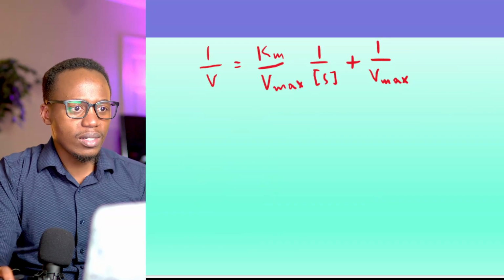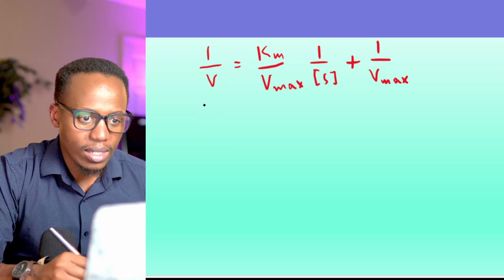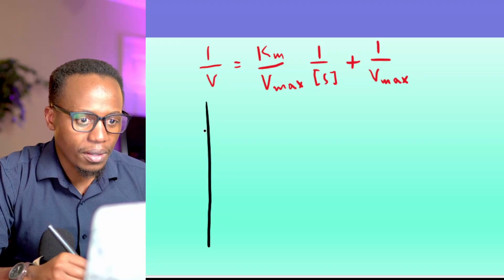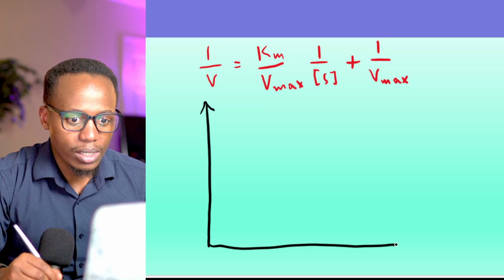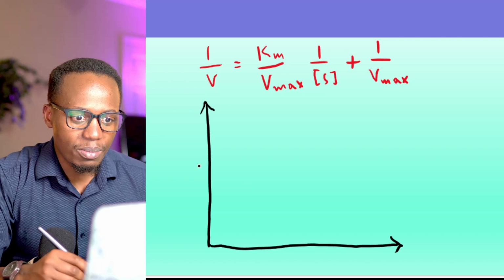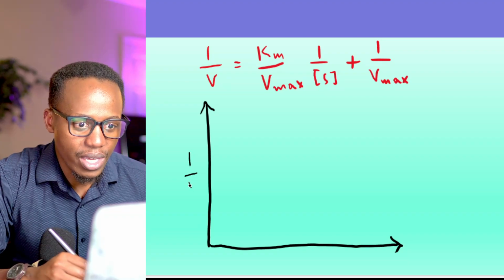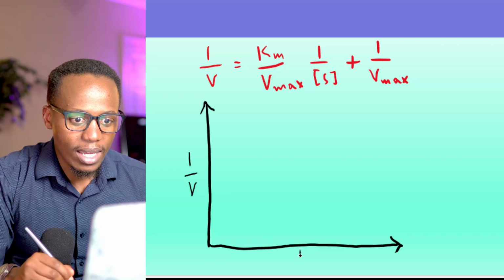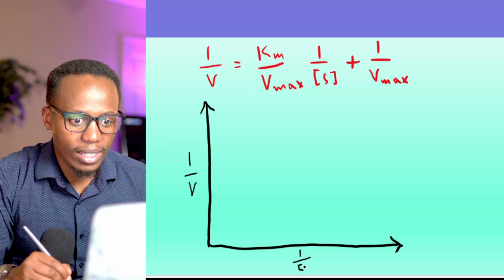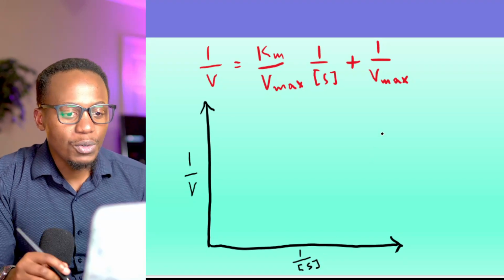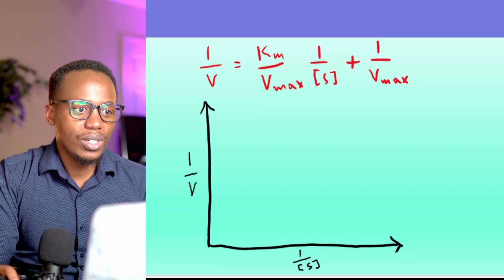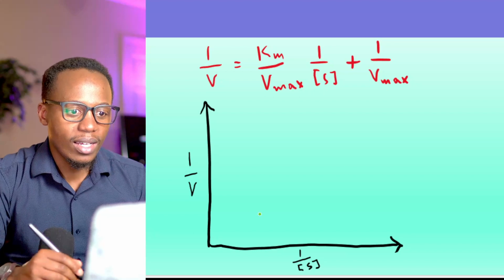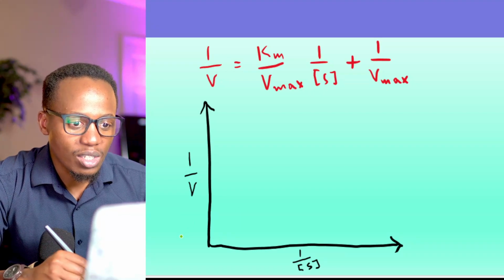So it turns out that if you plot the variables from this equation, 1 over V here, that's our Y, and then 1 over S here, then instead of having a sigmoidal shape like the Michaelis-Menten, this one is going to be a straight line.